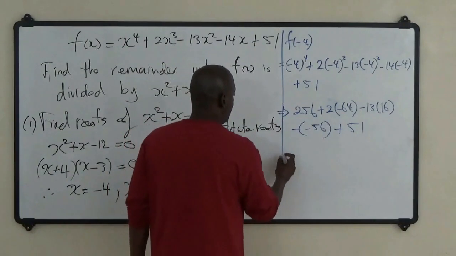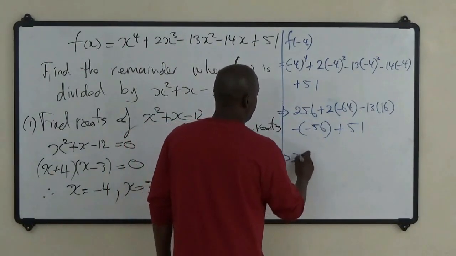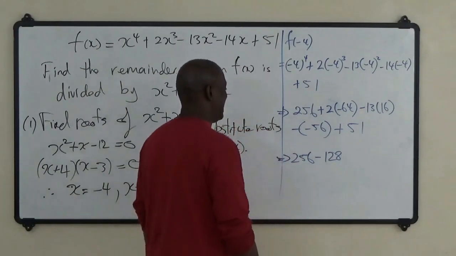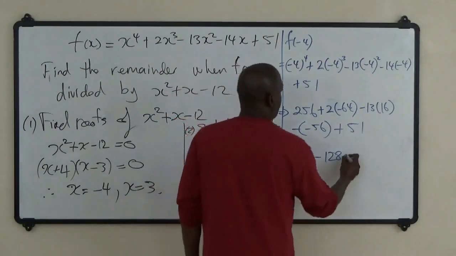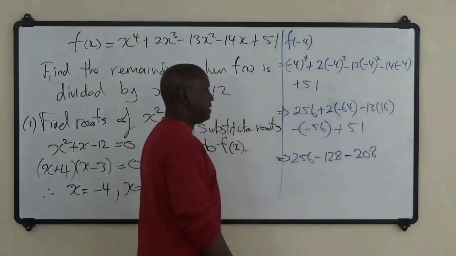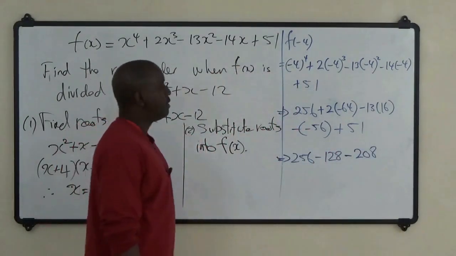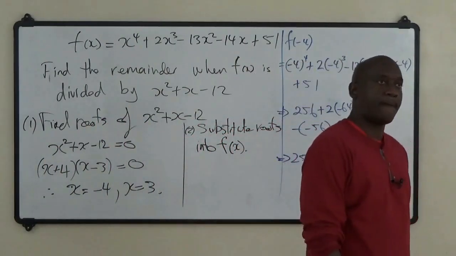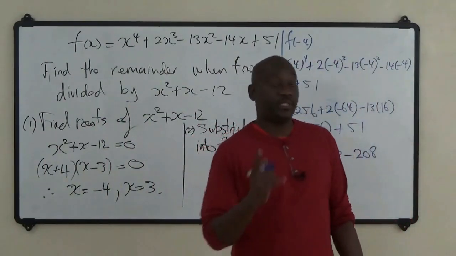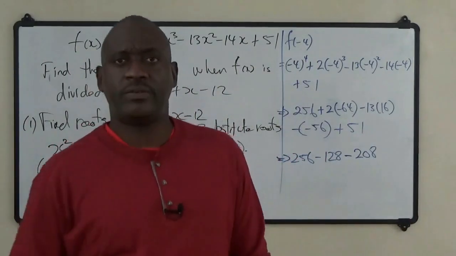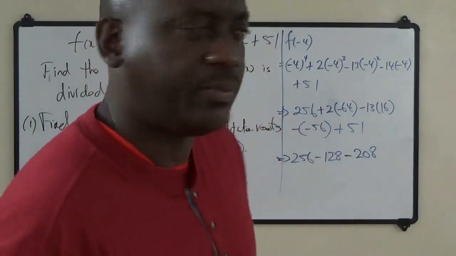That is equal to 256 minus 128 minus 208. 13 by 16: 16 by 10 is 160, 160 plus 48 is 208.